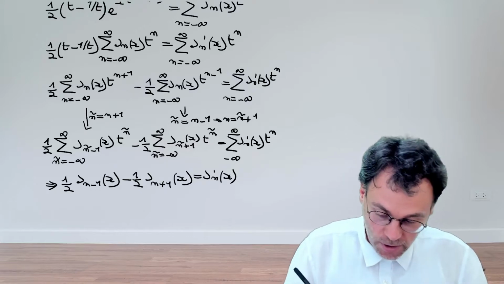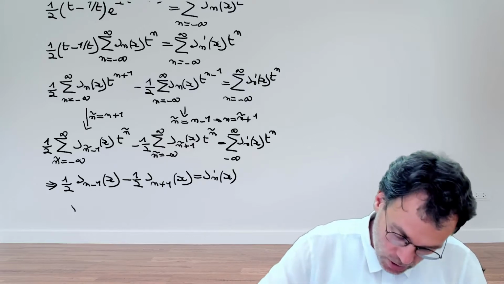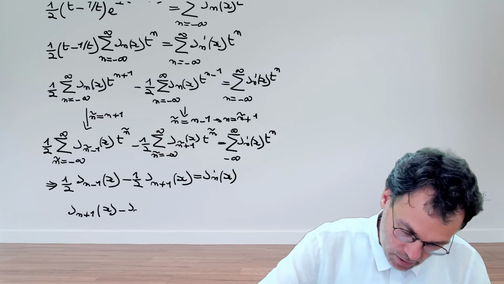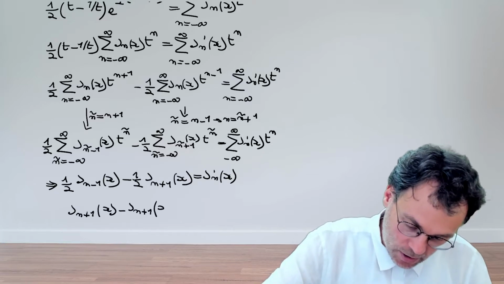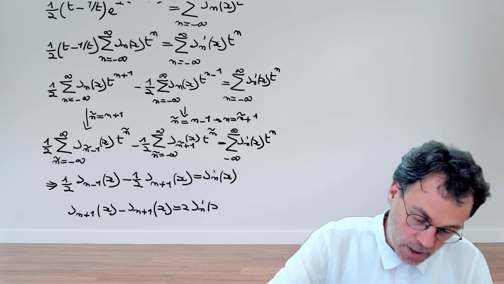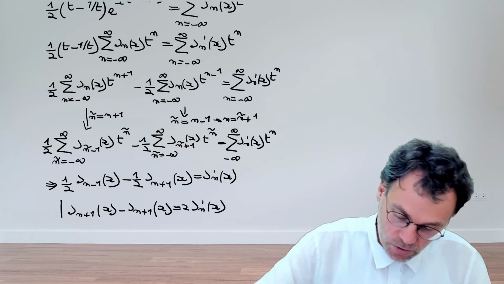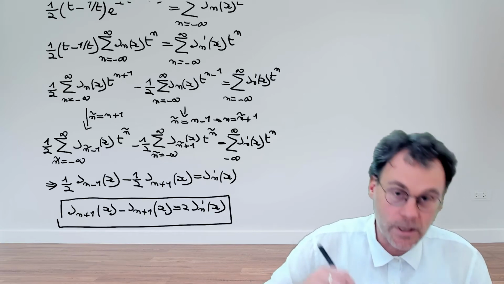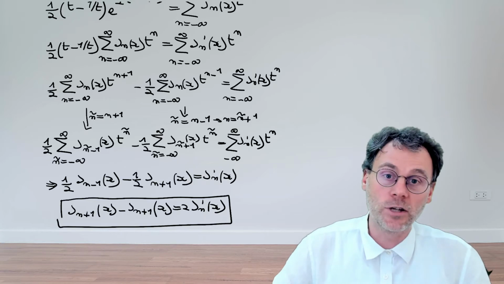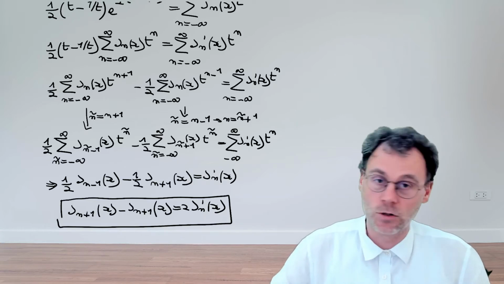And that's almost exactly what we needed to show. You can just clean this up a little bit more, just multiplying left-hand side and right-hand side by 2. But then we end up with the recurrence relationship that we needed to prove, again just by taking the derivative of the generating function with respect to x.